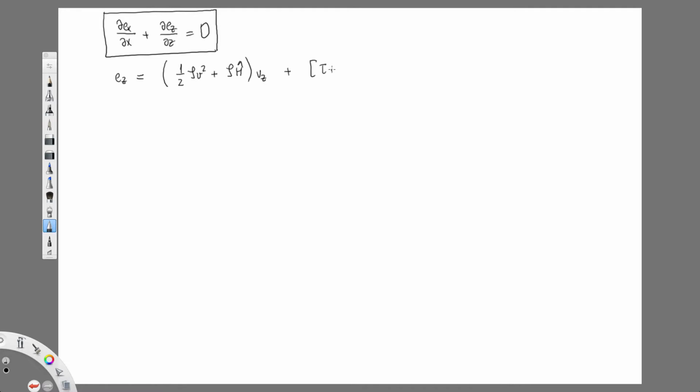Plus the Z component of my viscous stress tensor dot V, and plus QZ. When I have a viscous stress tensor dot vector, that's really matrix vector multiplication. So this here is tau ZX Vx plus tau ZY Vy plus tau ZZ Vz.